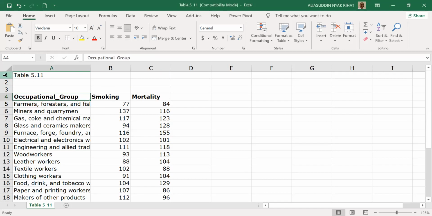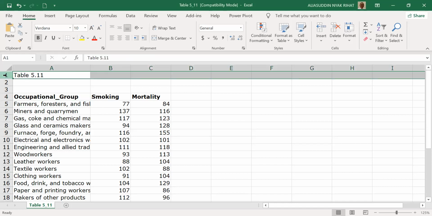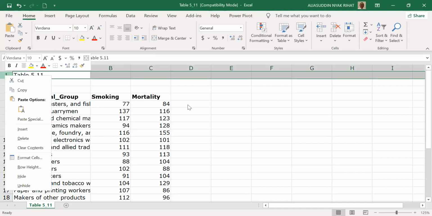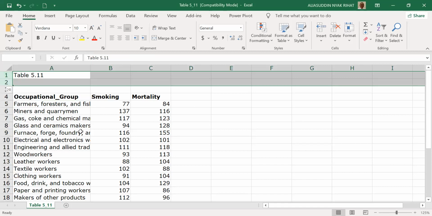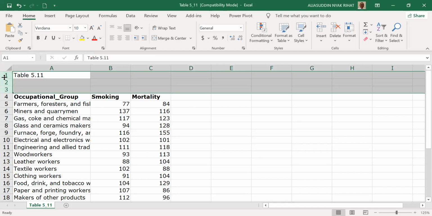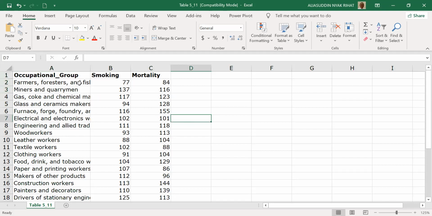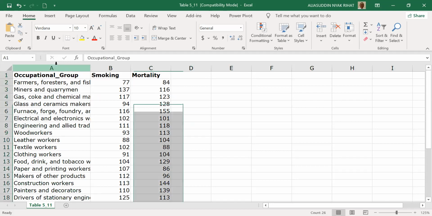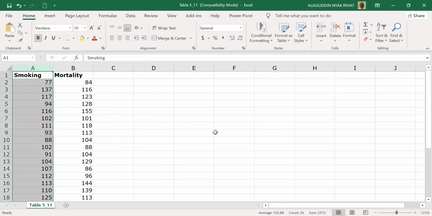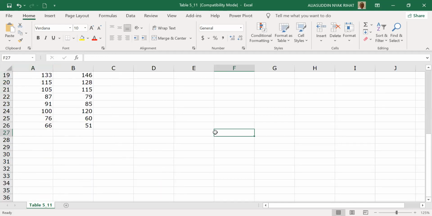So first, we have to delete the rows from the first until the third rows. Okay, we delete it. And then we delete the fourth column. Now we get only the data and variable names.